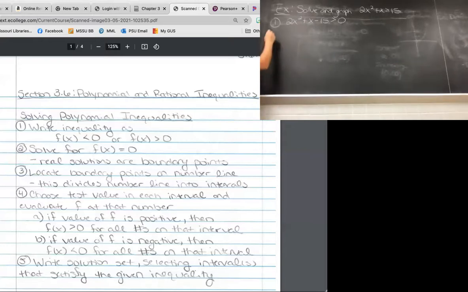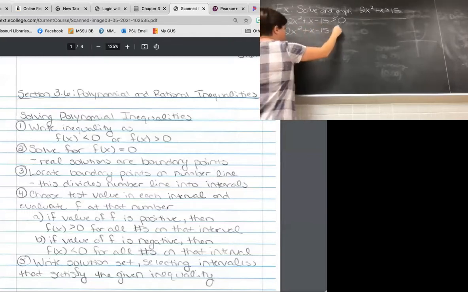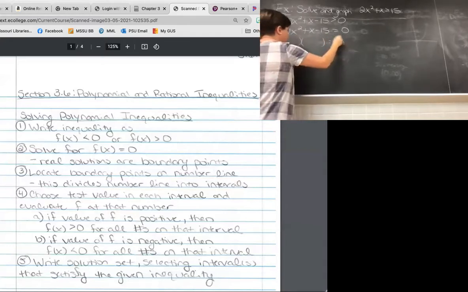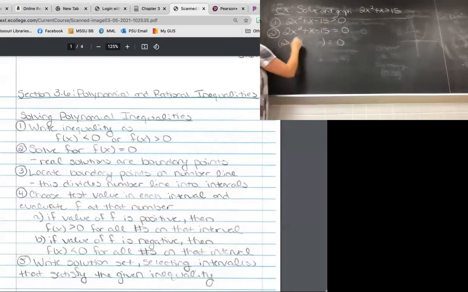Step 2 says I need to solve 2x squared plus x minus 15 equals 0, so that I can find my boundary points. So this is where you would FOIL. You're going to have your 2 binomials. I'm going to have a 2x and an x. That's negative and that's positive, so I'm going to have 1 positive and 1 negative.